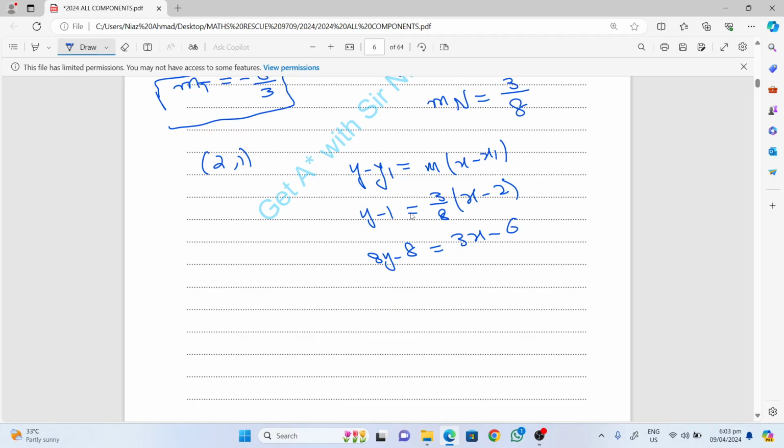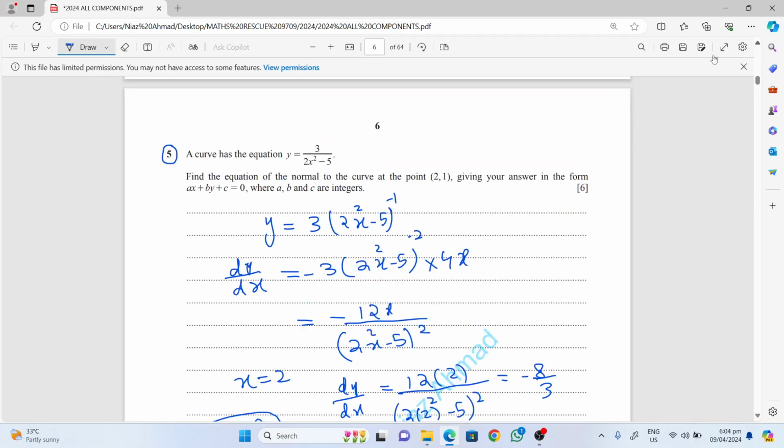If you say okay, this is our equation, it is 3x minus 8y plus 2 equals 0. That is our required equation in terms of ax, by, and c, because the examiner asks to represent your equation as ax plus by plus c.